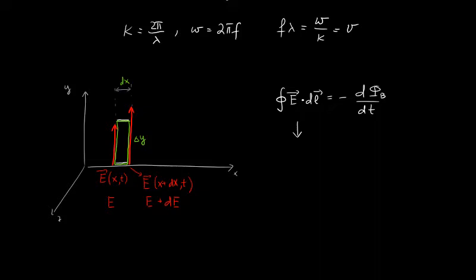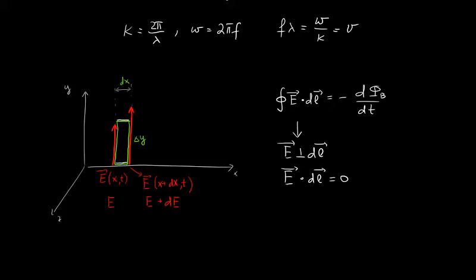The electric field is perpendicular to the dl. So when the electric field is perpendicular to the dl, we end up having the dot product E dot dl equals 0.